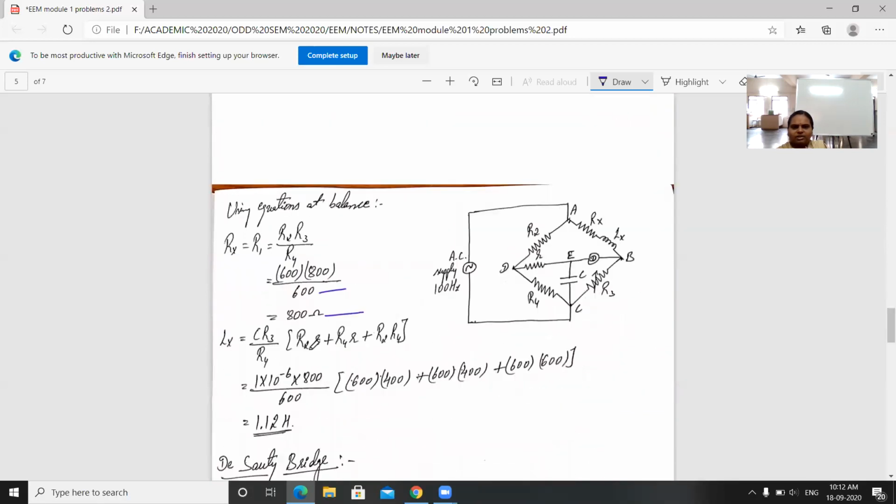Small r is given as 400 plus R4 of 600, again R of 400, R2 of 600 into R4 which is also 600, divided by R4 of 600. If you substitute, you will get 1.12 Henry.